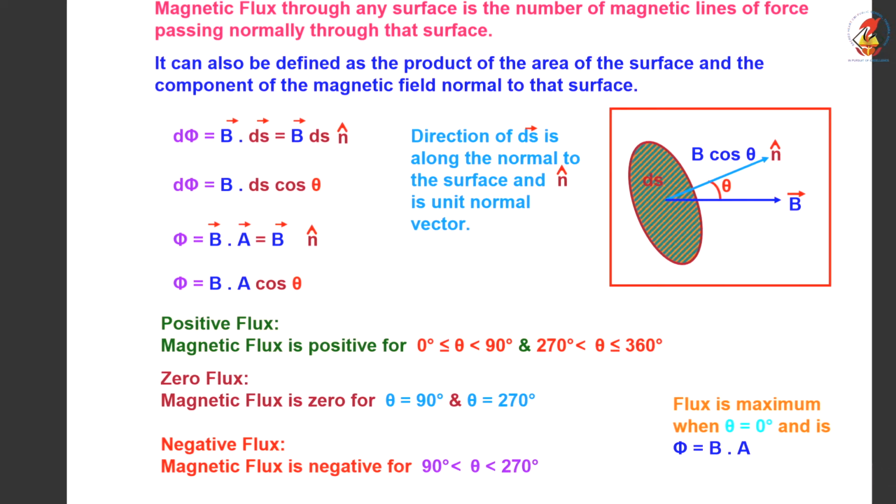So how will we get the total flux? The total flux can be obtained by integrating the second equation. Therefore we will get the answer as phi equal to vector B dot vector A, or I can say phi equal to BA cos theta.